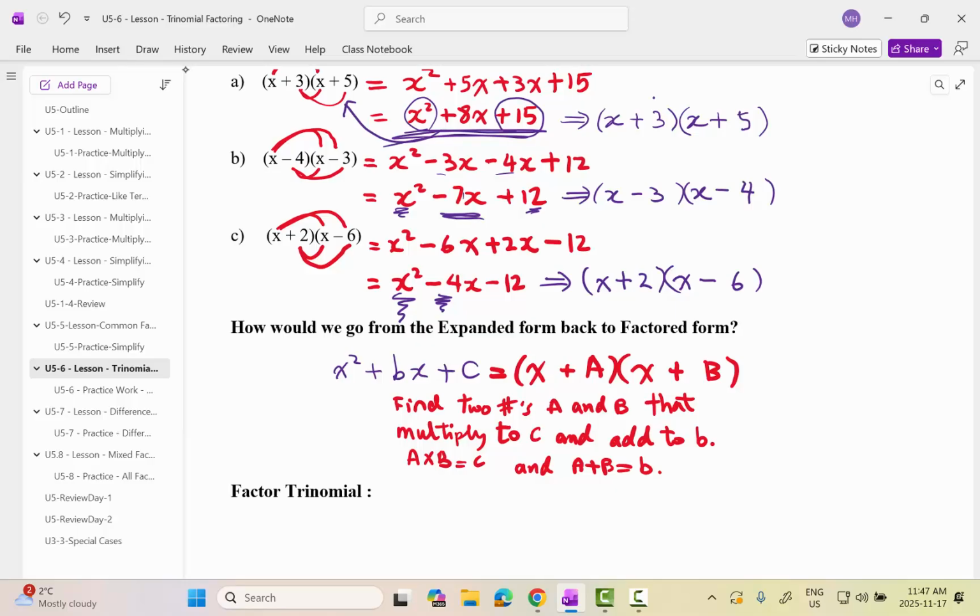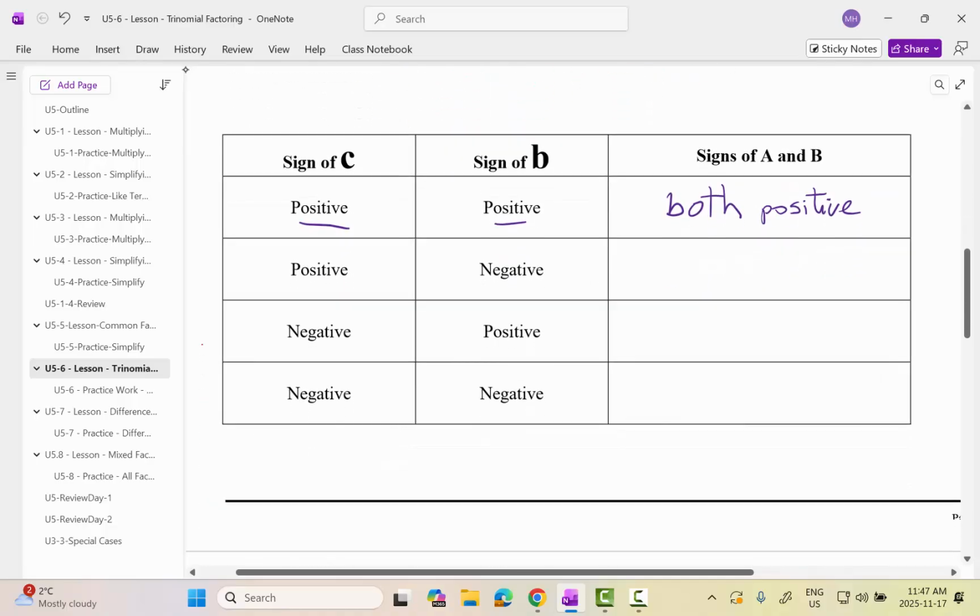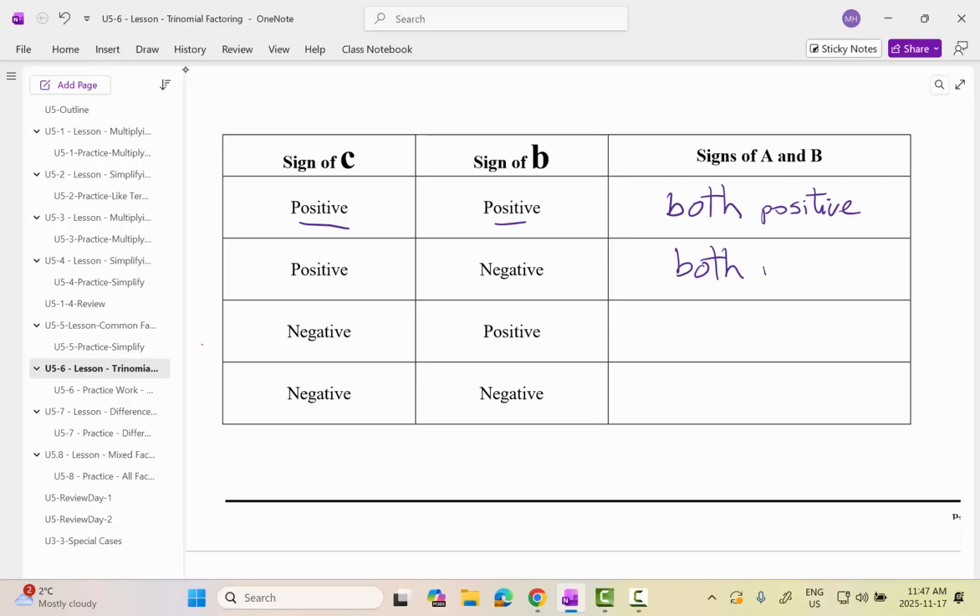So in that case, the capital A and capital B, the two numbers we're looking for, both have to be negative. Remember, to get C, it's A times B. Well, how do you get a positive C value? There's only two ways. Both have to be positive, or both have to be negative.